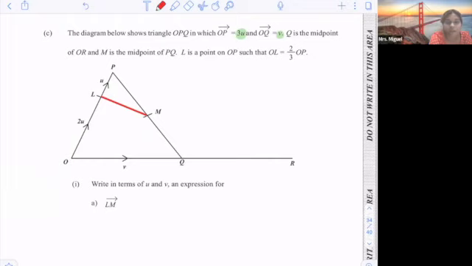If we are going from L to M, what two vectors must we add?